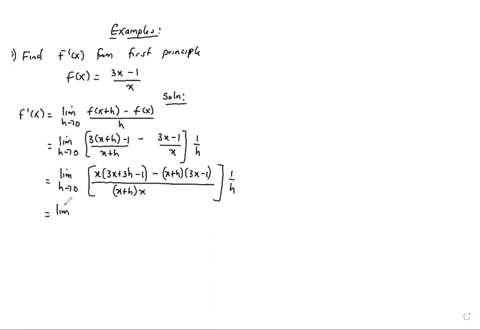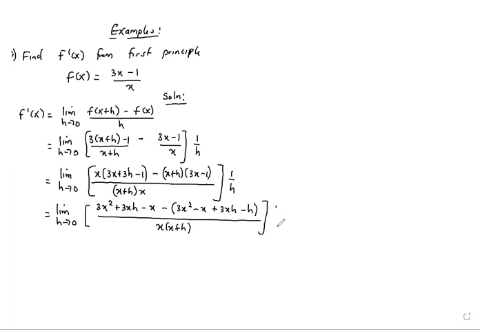This is the limit as h goes to 0. We do the expansion on top, we get 3x squared plus 3xh minus x minus 3x squared minus x plus 3xh minus h over x plus h multiplied by 1 over h.